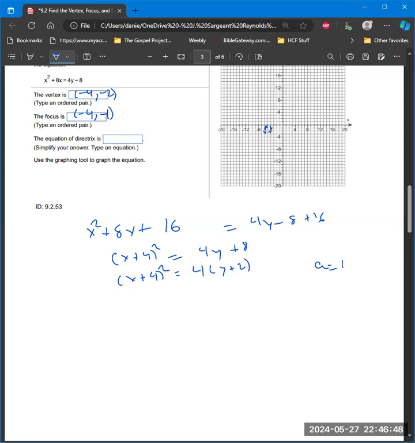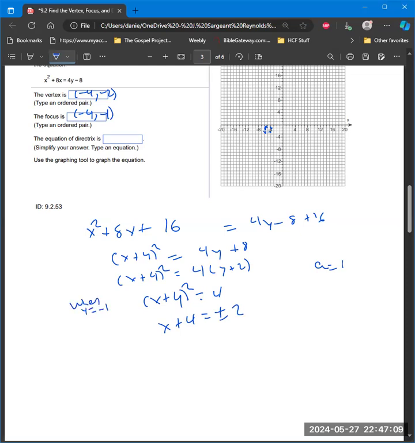And when y is -1, then we have (x plus 4) squared equals 4. x plus 4 equals plus or minus 2.